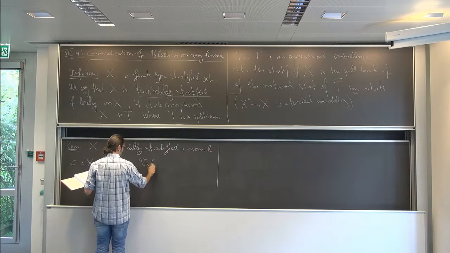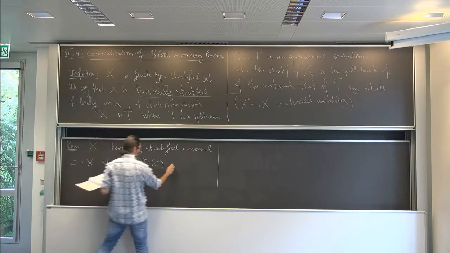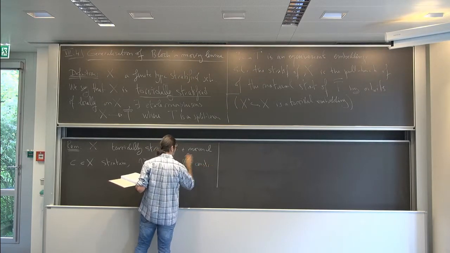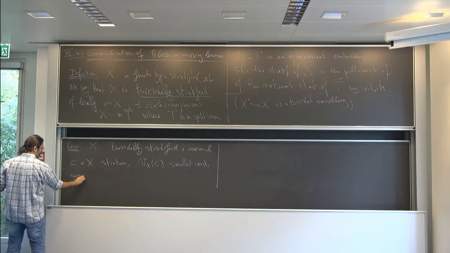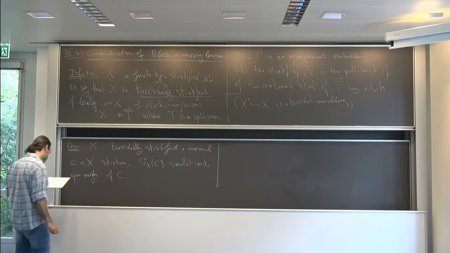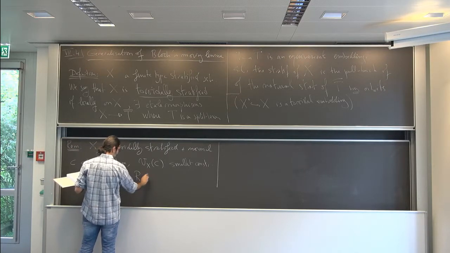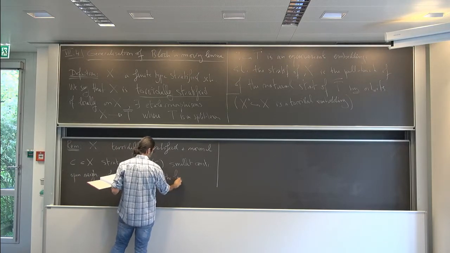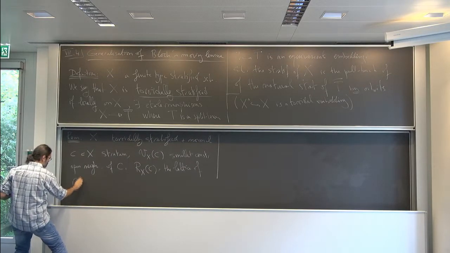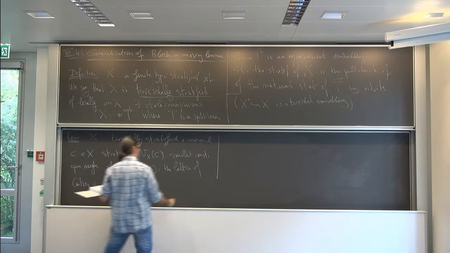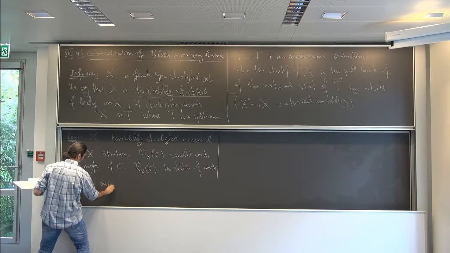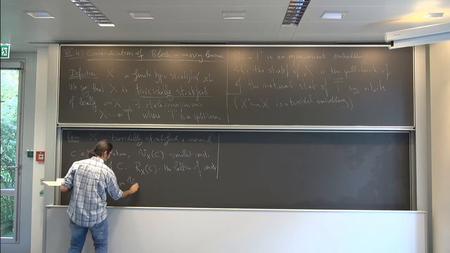I'll denote by V_X(C) the smallest constructible open neighborhood of C. Then I denote by R_X(C) the lattice of constructible Cartier divisors on V_X(C).